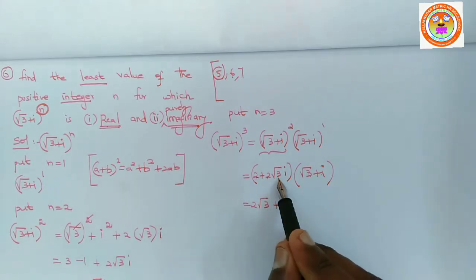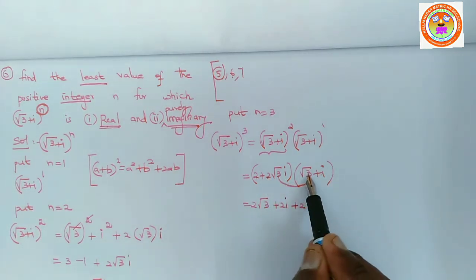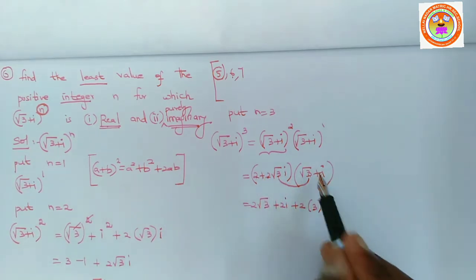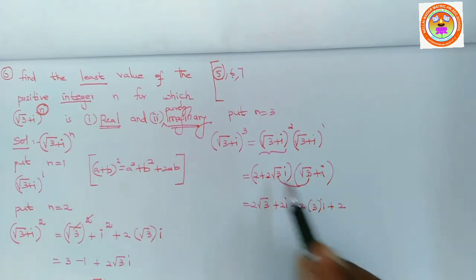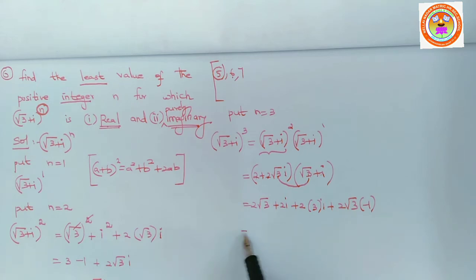Then 2 root 3 into root 3 is 6. Check it carefully. Next, plus 2 root 3 i into i: i square value is minus 1, so minus 2 root 3. Then plus 2 root 3 i plus 6i gives 8i. Plus 6 and minus 6 both cancel, plus 2 root 3 and minus 2 root 3 both cancel. Only 8i is present.